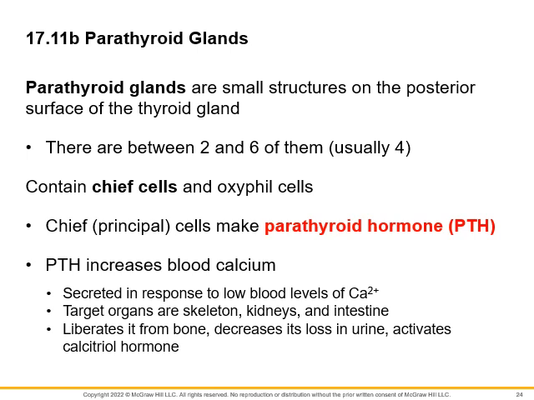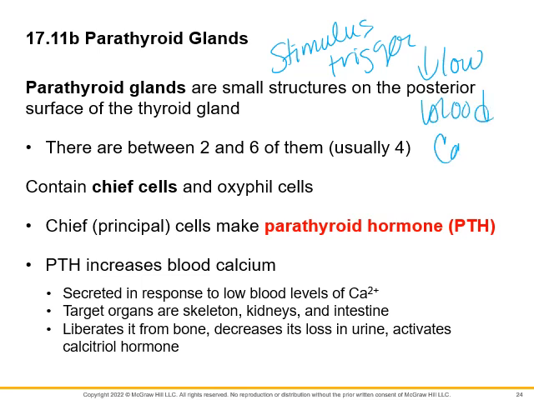Sometimes they can migrate. These kind of have a mind of their own, right? So this parathyroid hormone is going to be released from the parathyroid gland if your blood calcium levels are low. So in this case, you're going to see the stimulus trigger is low blood calcium levels.